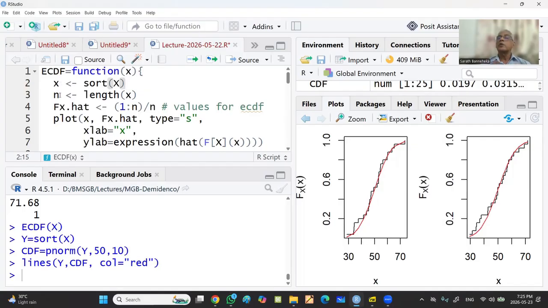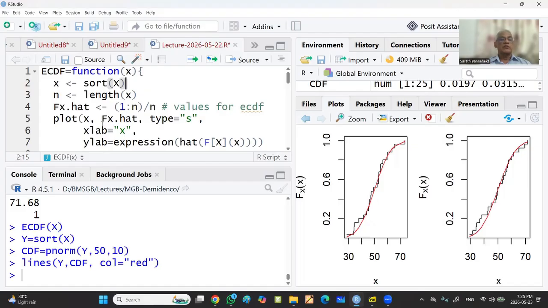So I'll find out the number of observations in my data set inside the function. So let's say n is the length of x. So f at x will be 1 over n divided by n, as in the same function in the previous session. So I want to plot x versus f at x, right? So x is now the sorted data. Therefore, they are actually the order statistics.